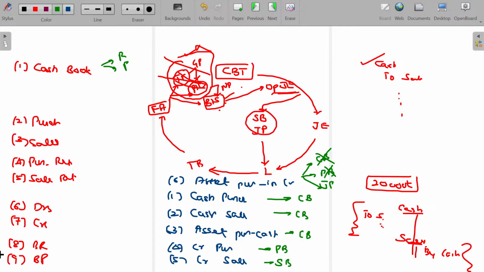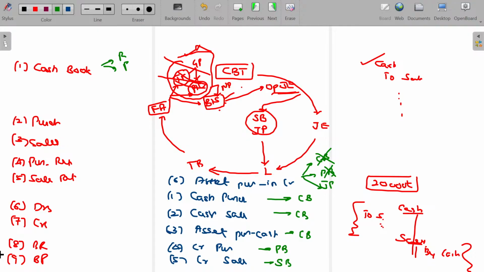So asset account debit to creditor has no cash related transaction, has no purchase related transaction. It's an asset. Purchases means what? Purchasing and selling for a profit. Your intention is to purchase and sell for profit. That is called purchases. But an asset, bought and used for a long life, is not purchases. It is an asset itself.